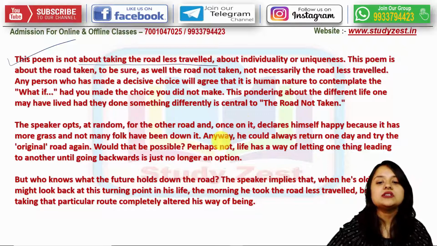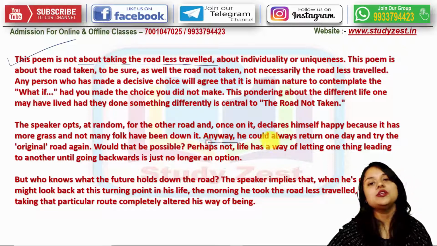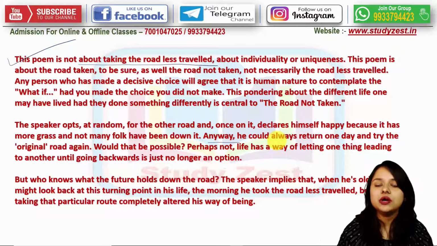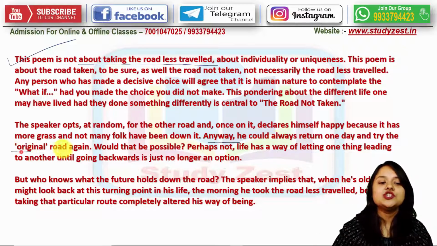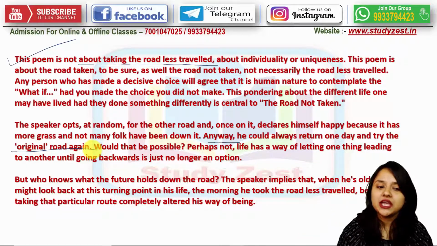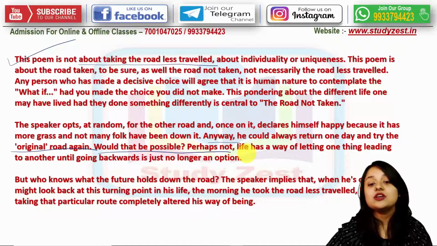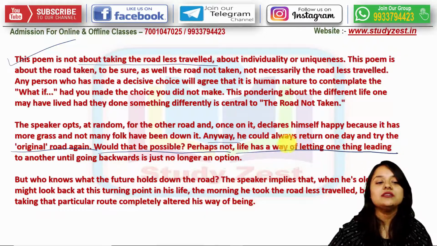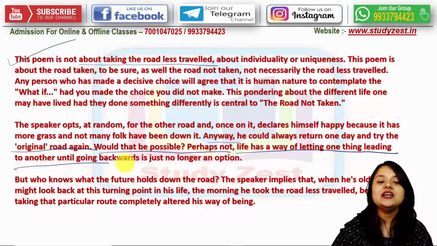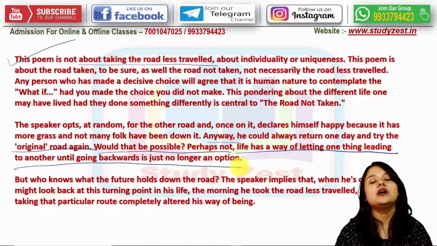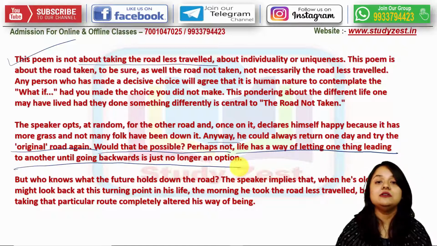However, the poet thought that he would return one day to the same position and try the original, that means the other road, again. But would it be possible? Perhaps not, because life has a way of letting one thing lead to another, until going back is no other option.